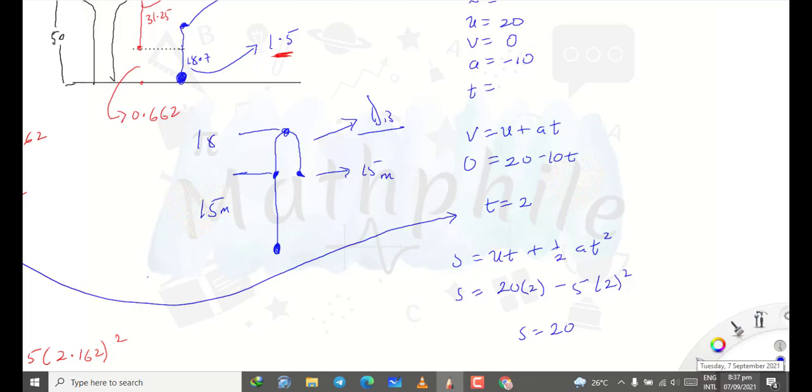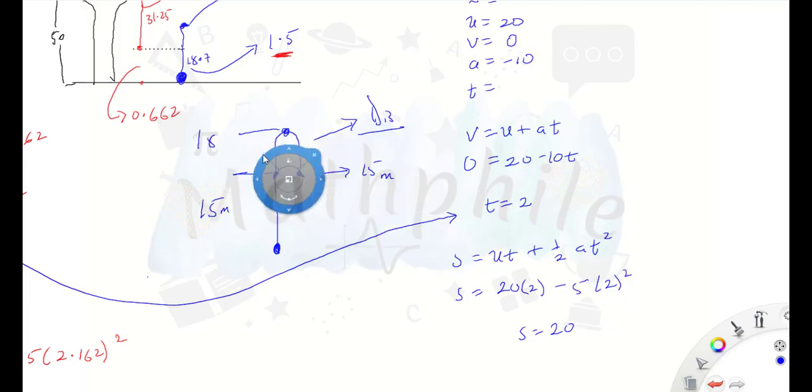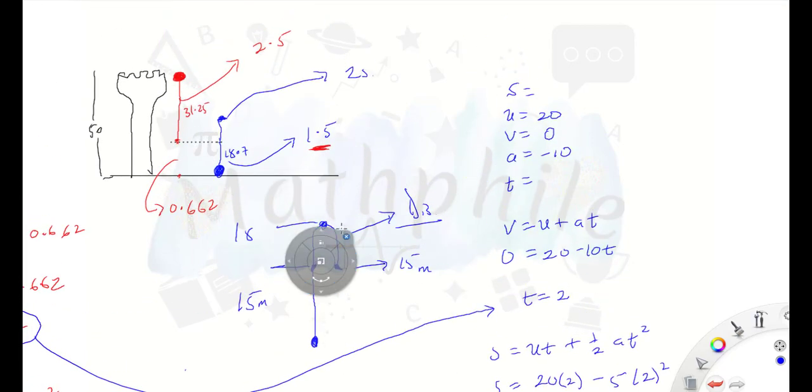Are you getting me? At this point, it has traveled 20 meters to the maximum position, and it will be on a return journey. After traveling 20 meters, this particle will be on a return journey.